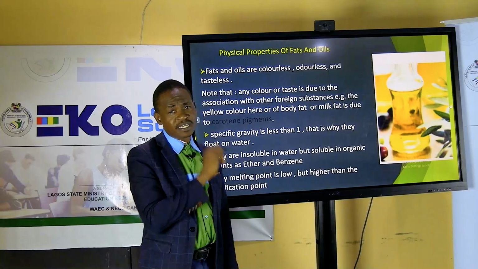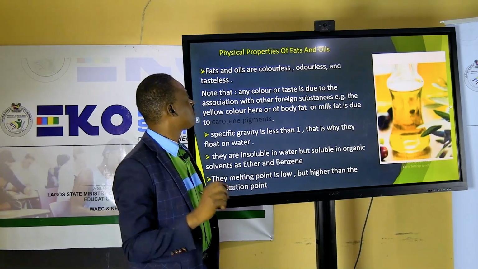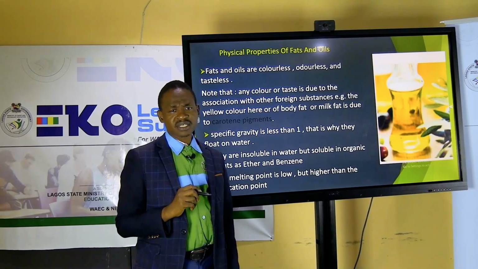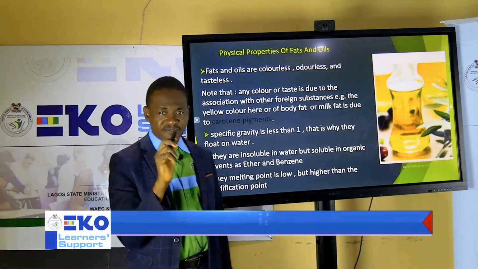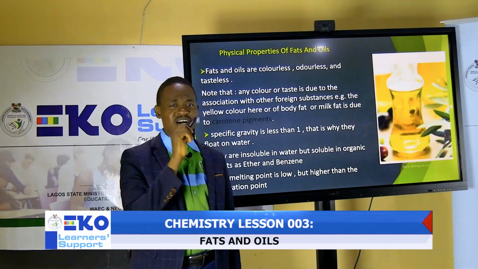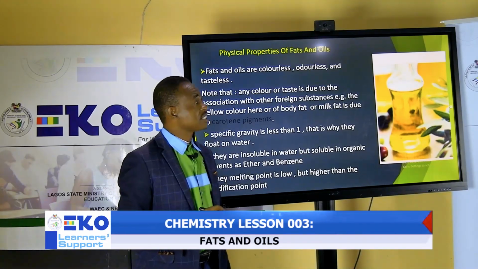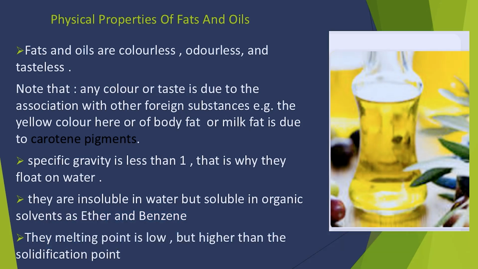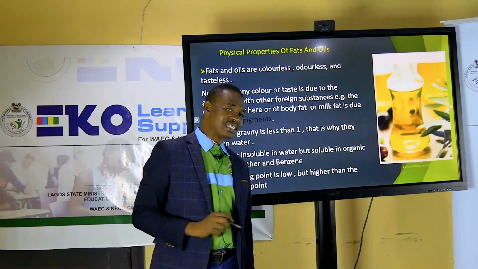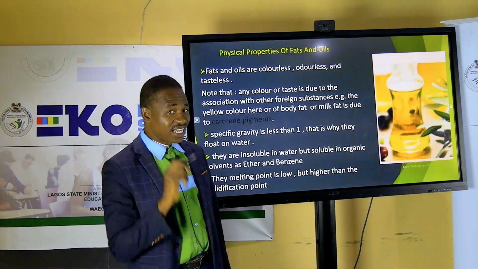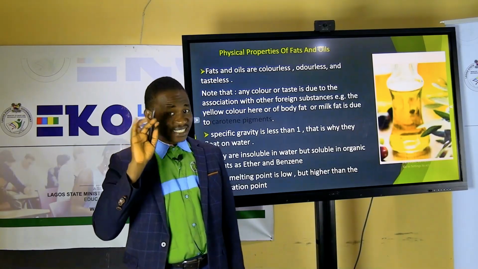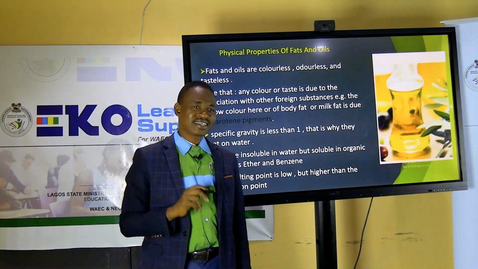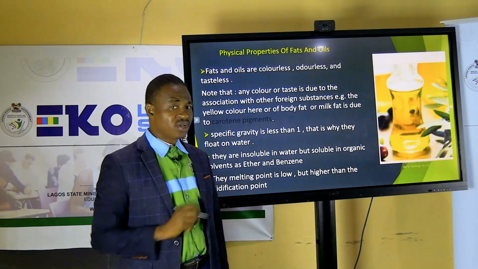Good. What are the properties of fats and oil? So you need to first know the physical properties of fats and oil. The first thing is fats and oils are colorless, odorless, and tasteless. At this point I want to ask you, the one you are using at home, is it colorless? Some people are saying no. Why is it not colorless?